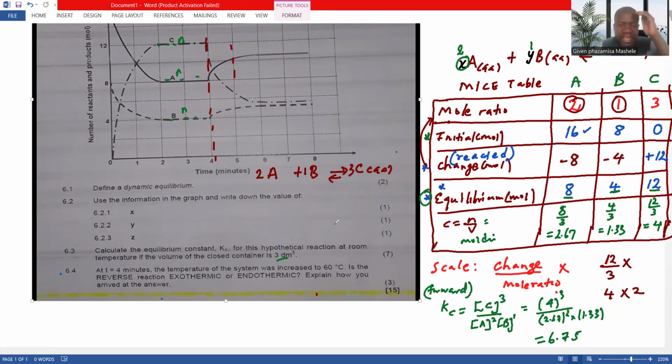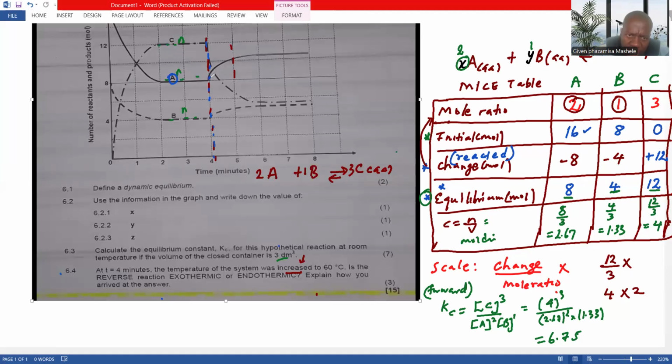Look, they are saying after 4 minutes, the temperature was increased to 60 degrees. Let's check what happened after the temperature was increased. Let's look at A.